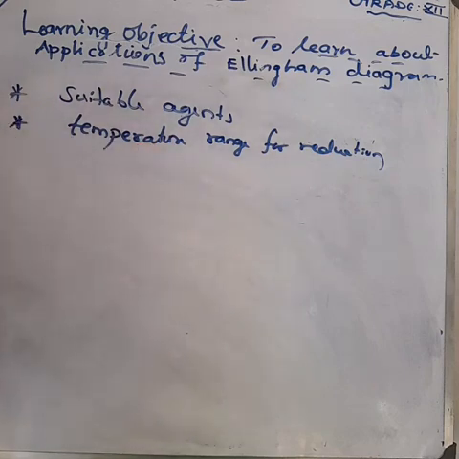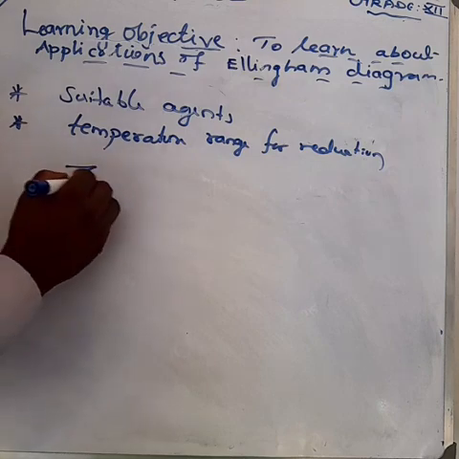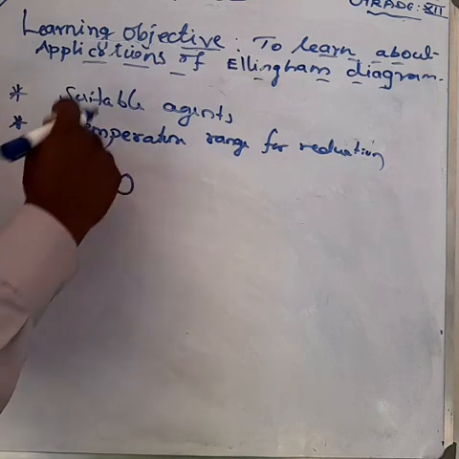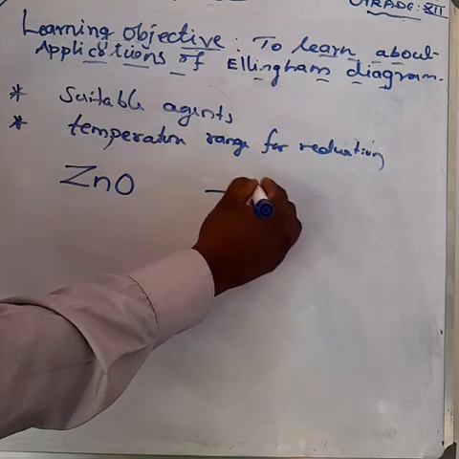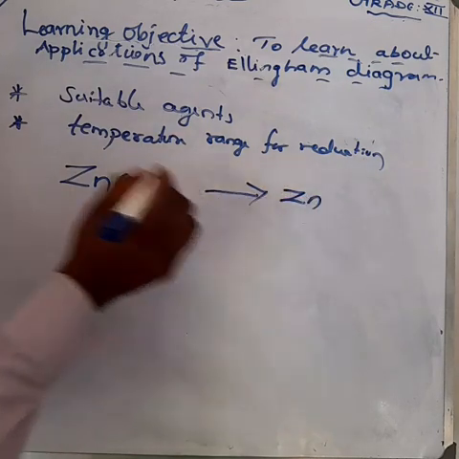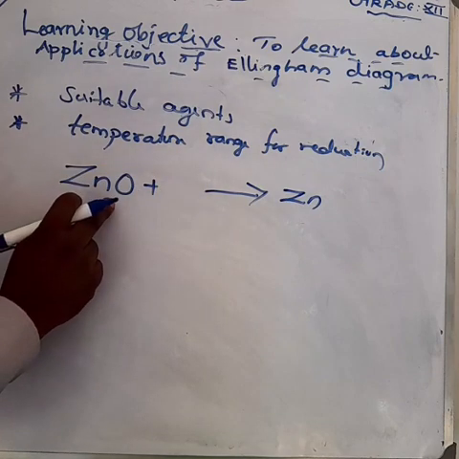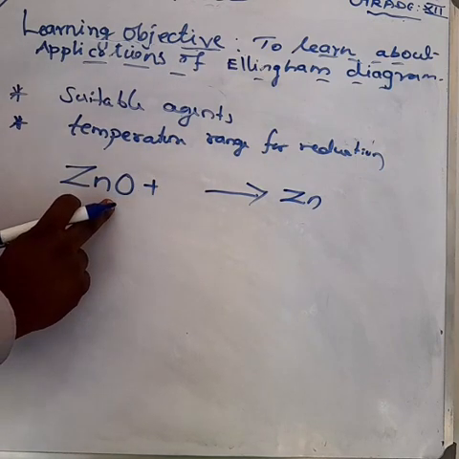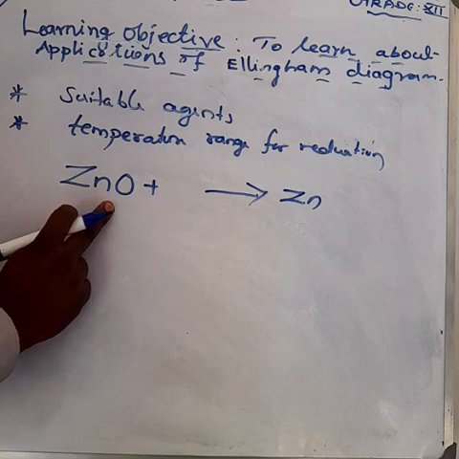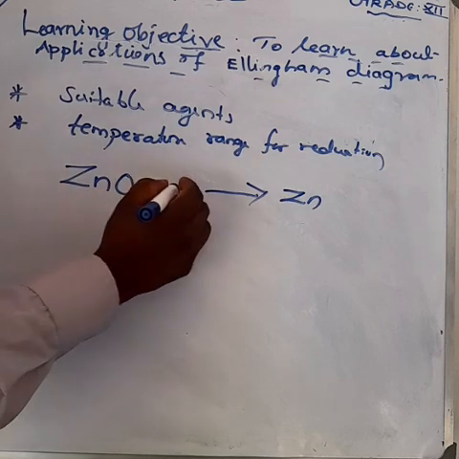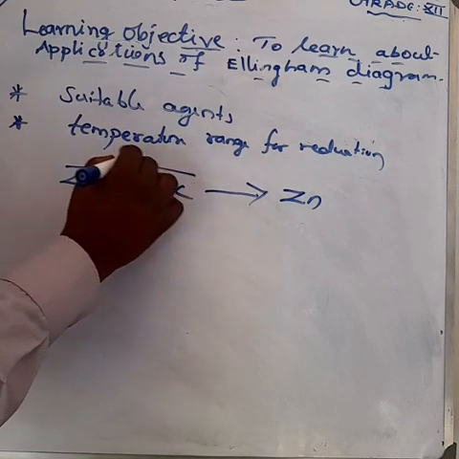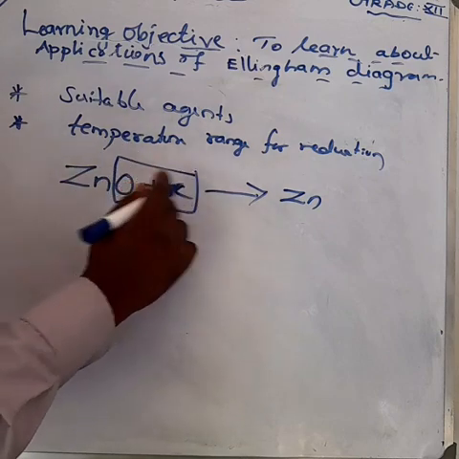For example, zinc oxide is converted into zinc metal, and here we are using carbon. What is the formula for zinc oxide? ZnO. ZnO reacts with carbon, and we get zinc metal and carbon monoxide.